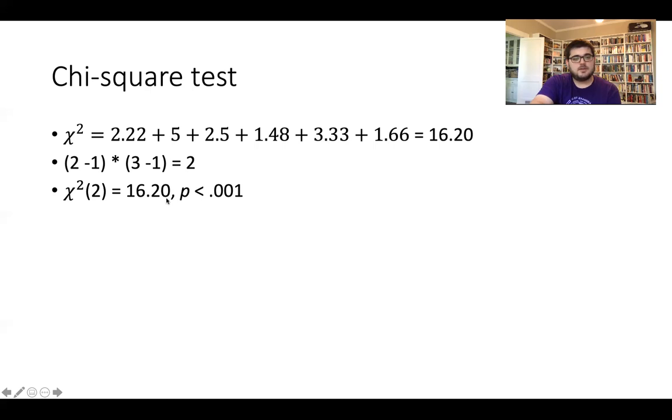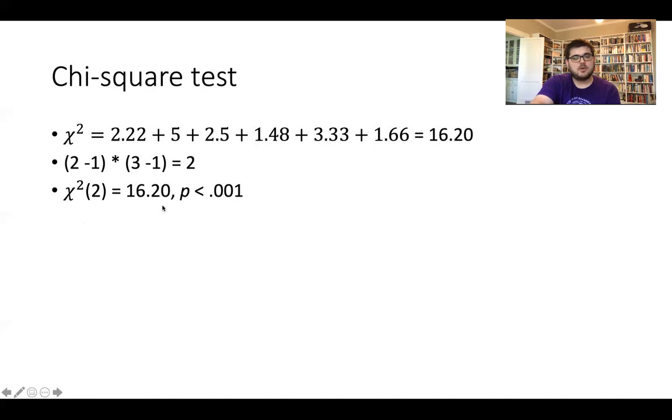And the computer does this next part for you, but you tell the computer, if you take a chi-square distribution with 2 degrees of freedom and you have a 16.2 or higher, what's the probability of getting something that high or higher?